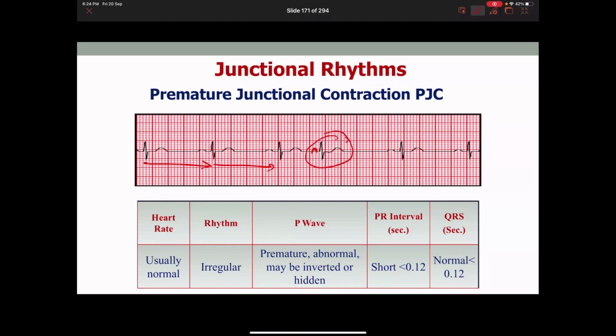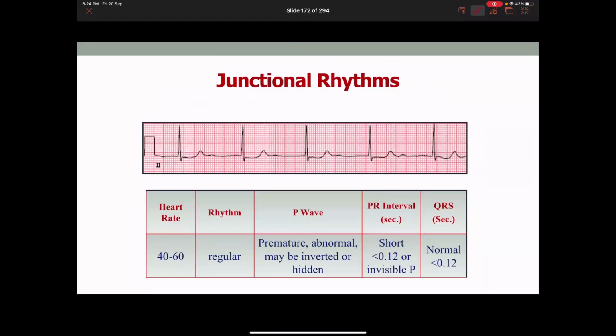Okay, so this one is premature, and it doesn't have a P wave. So this is a premature junctional contraction, which means that you have a normal rhythm. It's just that the impulse sent from the AV node was a bit too early, and it kind of disturbed the normal rhythm of the heart. So this is a premature junctional contraction because it does not have a P wave.